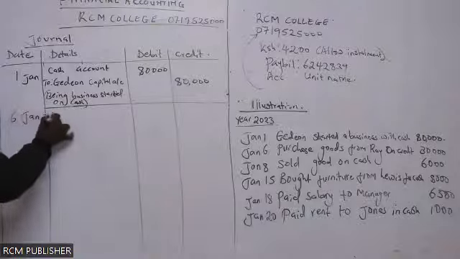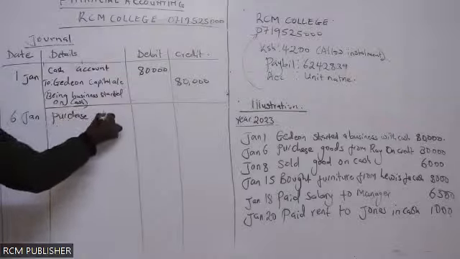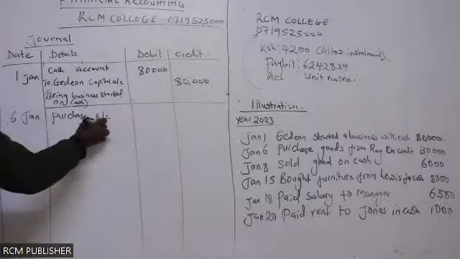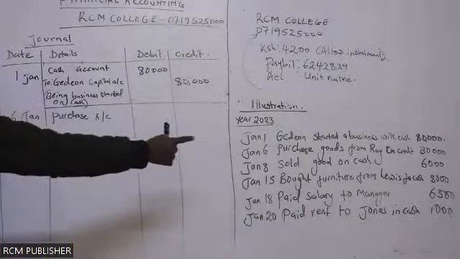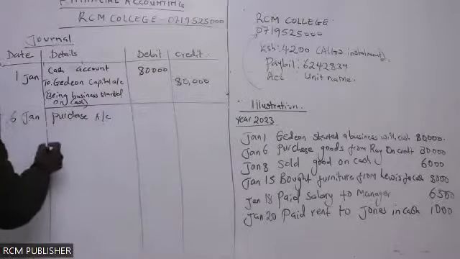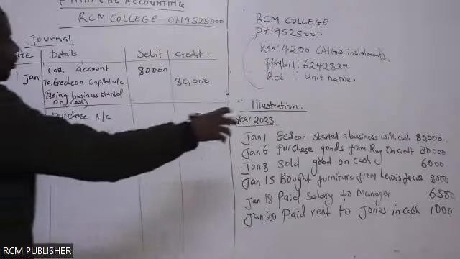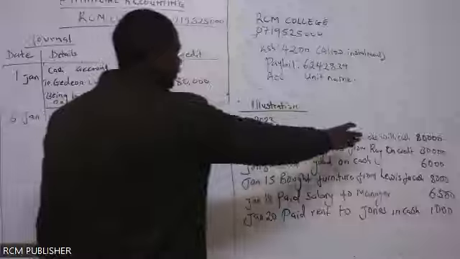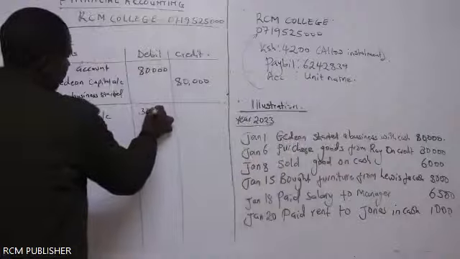We shall be having the purchase account, and then the Lay account. So we are debiting the purchase account with 30,000.